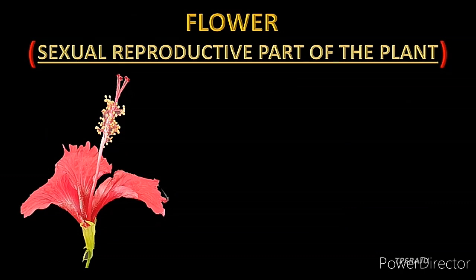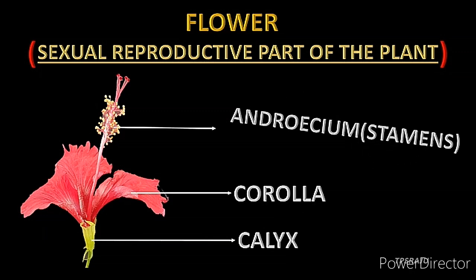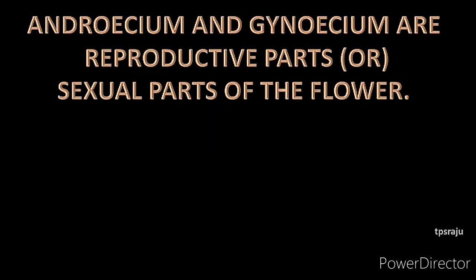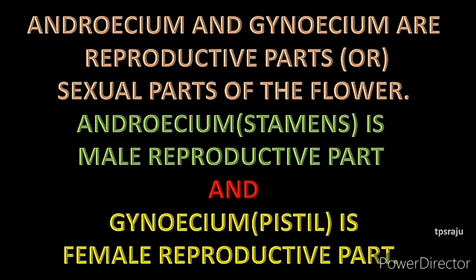Flower is the sexual reproductive part of the plant. It has four parts: calyx, corolla, androecium and gynoecium. Androecium and gynoecium are reproductive or sexual parts of the flower. Androecium is the male reproductive part and gynoecium is the female reproductive part.